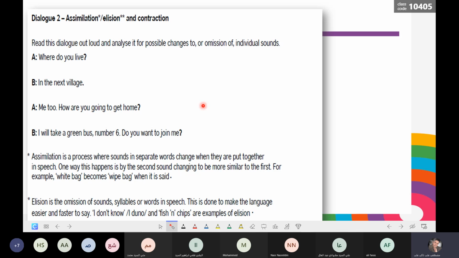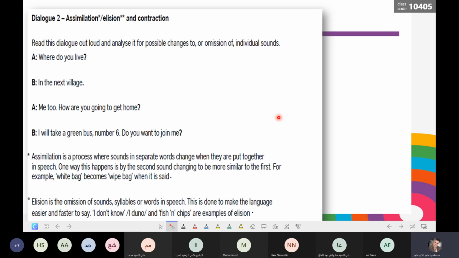But in cases where we need to emphasize them, it's okay. It depends on the situation itself. So if you are asking who did something, and you are looking at me and say "me," I emphasize the pronoun here. This could be okay according to the situation itself.